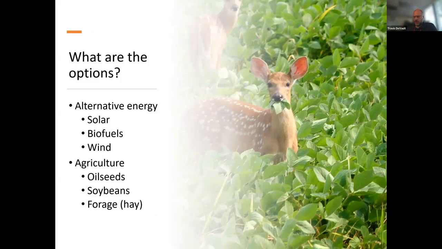Wind energy is obviously not suitable for all areas of the airport, just a few select areas. But also agriculture, potentially oil seeds, soybeans, and forage crops. What I'm going to focus on in this presentation is solar energy, because I think it really has the most potential for airports around the country.